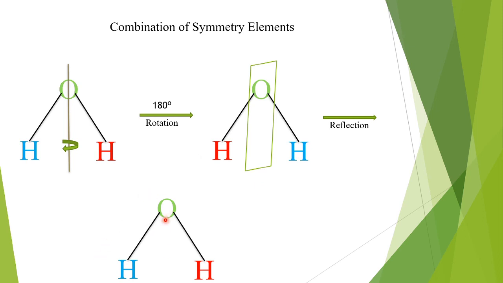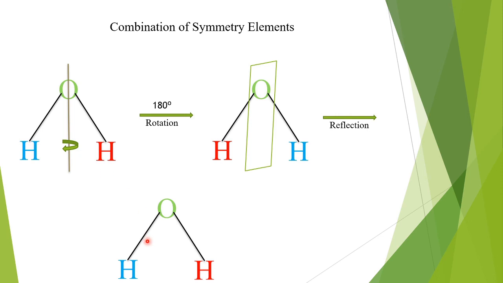So here we have the oxygen in the middle, with the reflection of the blue hydrogen on the left hand side and the reflection of the red hydrogen on the right hand side. Now you can check the first appearance and the last one.